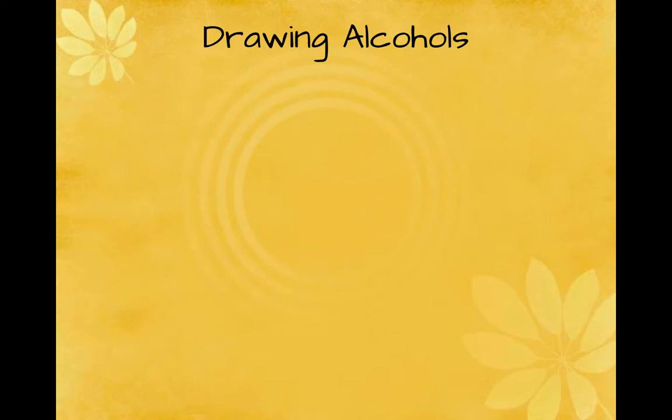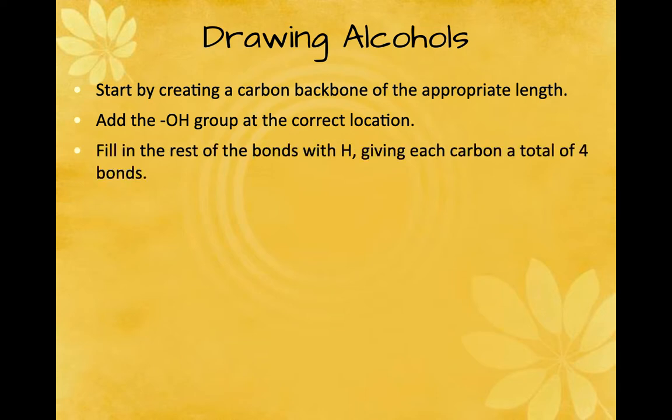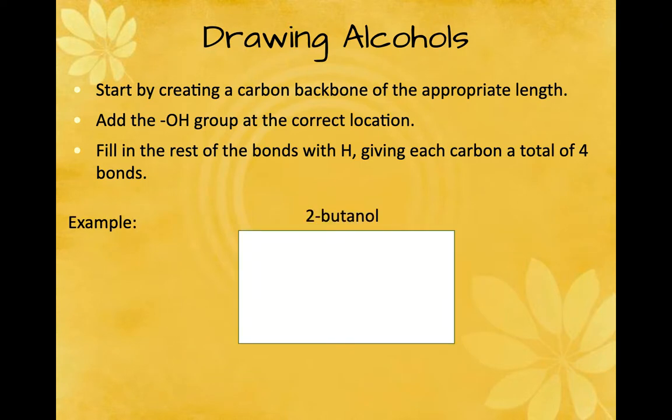Now, going the other way and drawing the alcohol when given the name, you start by creating your carbon backbone of the appropriate length as indicated by the start of your name. Then add the OH group at the correct location according to the number at the beginning of the name, and then fill in the rest of the bonds with H, making sure that each carbon has a total of 4 bonds. Let's look at an example, 2-butanol.